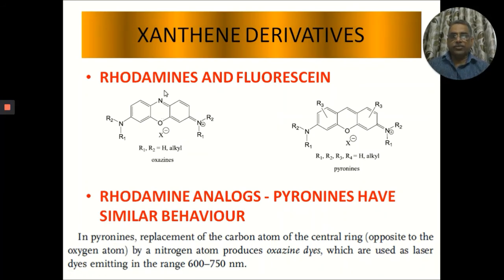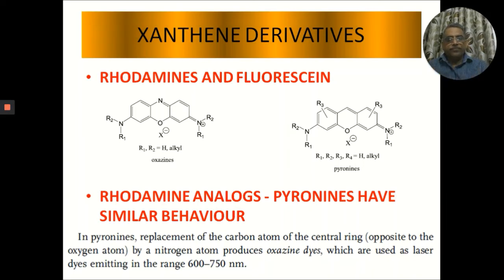It is also a well-known laser dye, emitting in the region of 600 to 750 nanometers. So it's quite similar whether you have a carbon or a nitrogen; they show similar behavior. This is what you understand when you have mixed substitutions of donor and acceptor groups: you may not see much of the n to pi star taking a lead, only the pi to pi star is taking the lead.